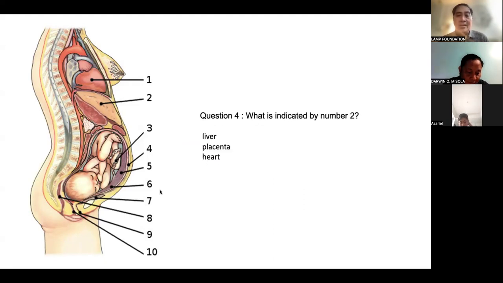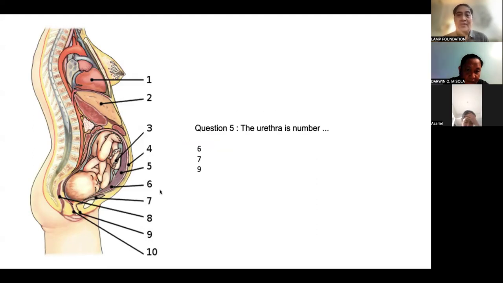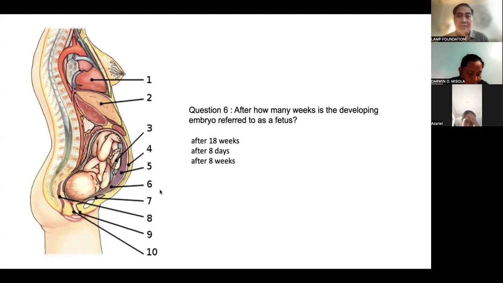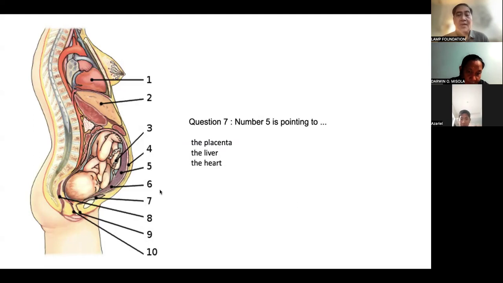What is indicated by number 2? Liver. The urethra is number 9. After how many weeks is a developing embryo referred to as a fetus? At least 8 weeks. After 8 weeks. Number 5 is pointing to placenta.